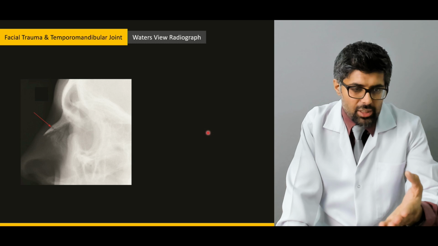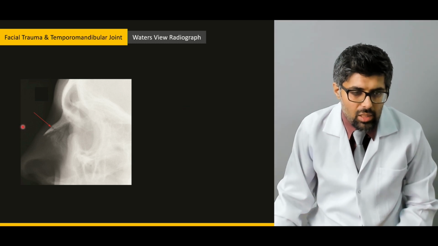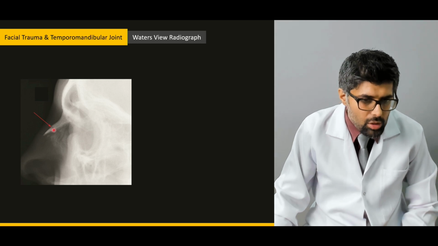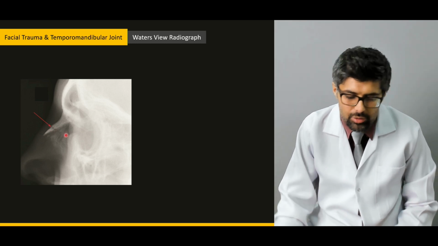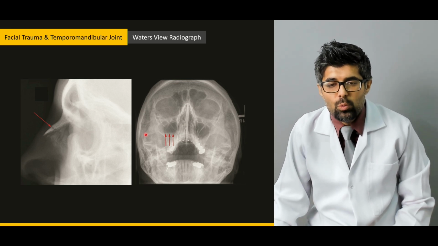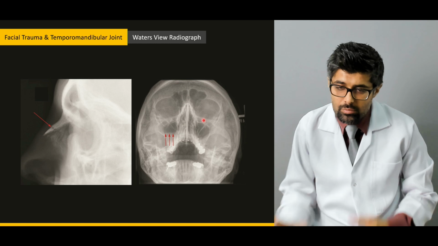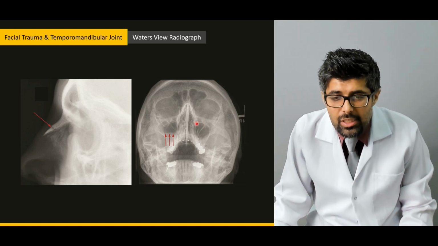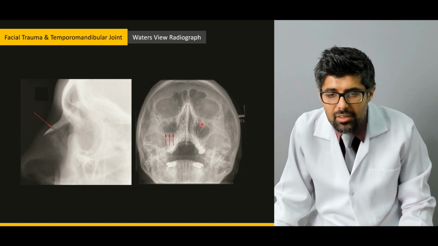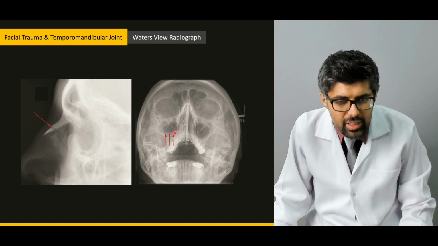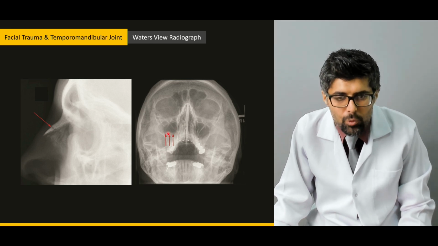Here we have an example of the lateral side of the skull where the nasal bone is fractured. And this here is the Waters view. In the Waters view, we can appreciate that the maxillary sinus on the right side is clear, but on the left side there's a clear air fluid level.